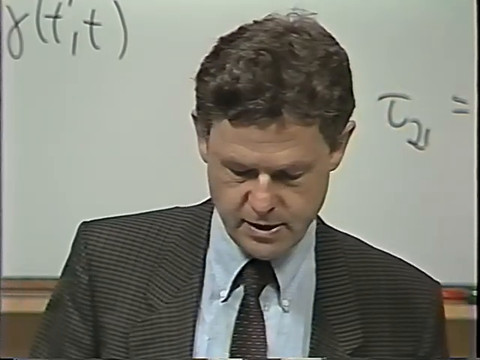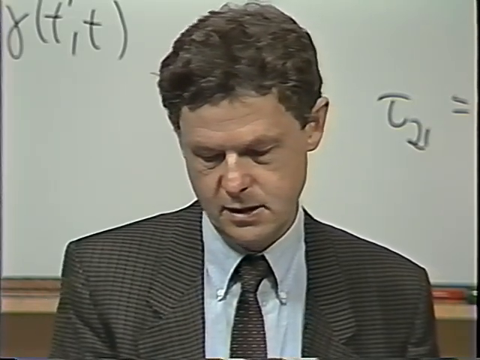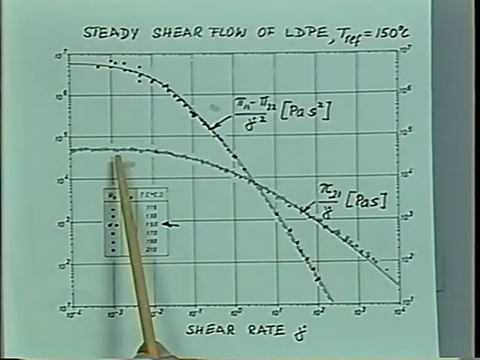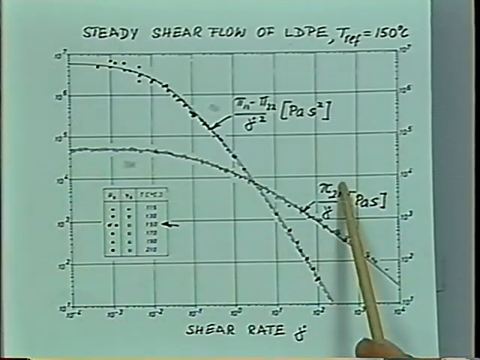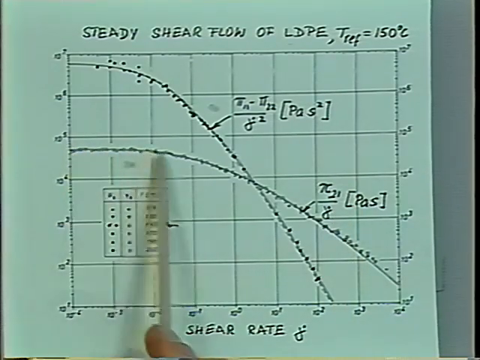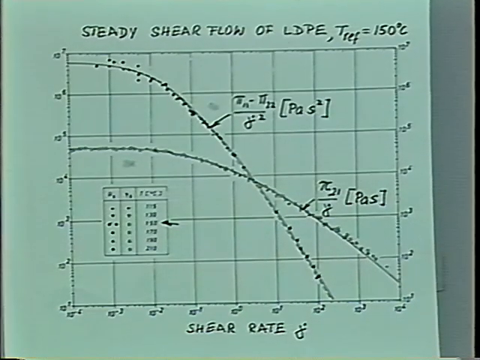For the first normal stress difference, it is a decaying function. The shear rate is going down like this. And the shear stress, or the viscosity, shear stress divided by shear rate, viscosity has a zero shear rate region, and then it goes down like this. The lines are given by the model, by this very simple BKZ model with factorized strain function.